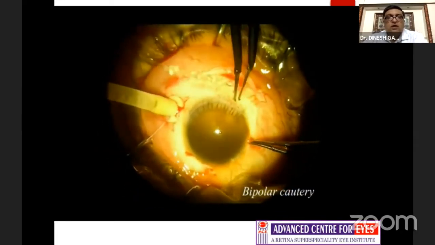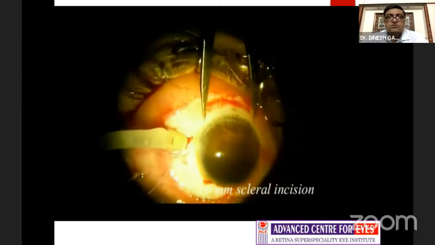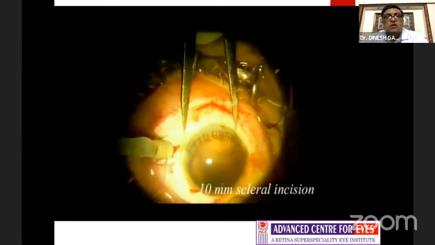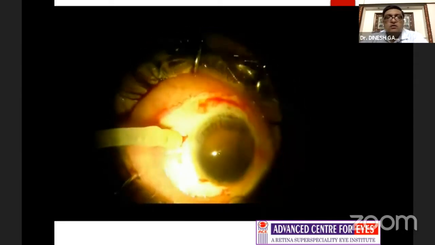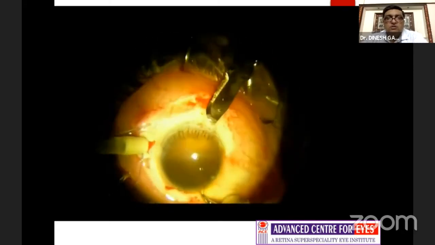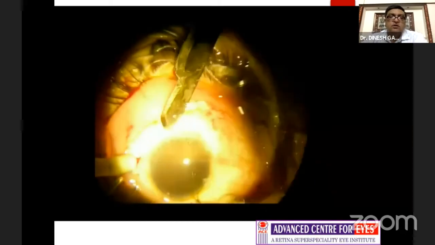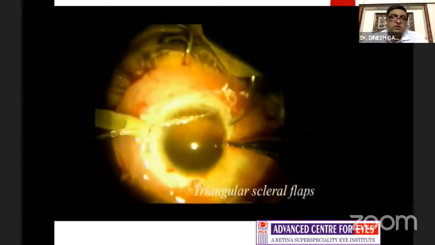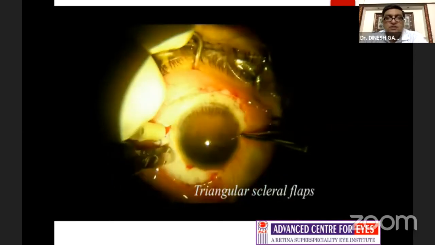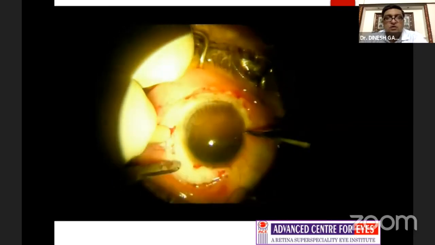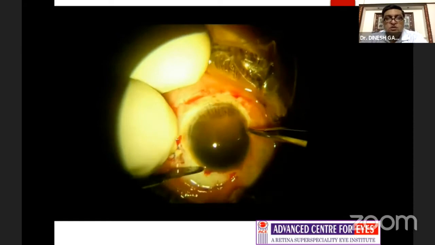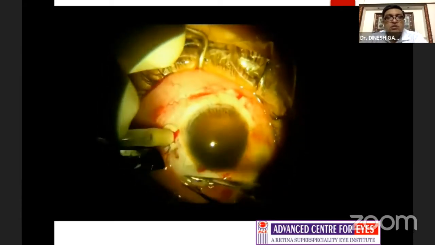A large conjunctival flap is made and hemostasis is achieved. A sclerocorneal tunnel, a groove of about 10 millimeters, is fashioned to accommodate this large lens, and triangular scleral flaps are made to stitch these sutures.